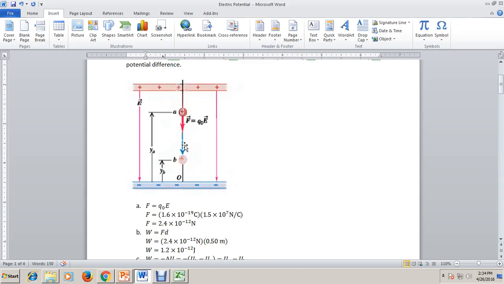Of course, there is a difference in potential between point A and point B. Point A has the higher potential, point B has the lower potential, and the difference between these two potentials we call the potential difference, or simply voltage.